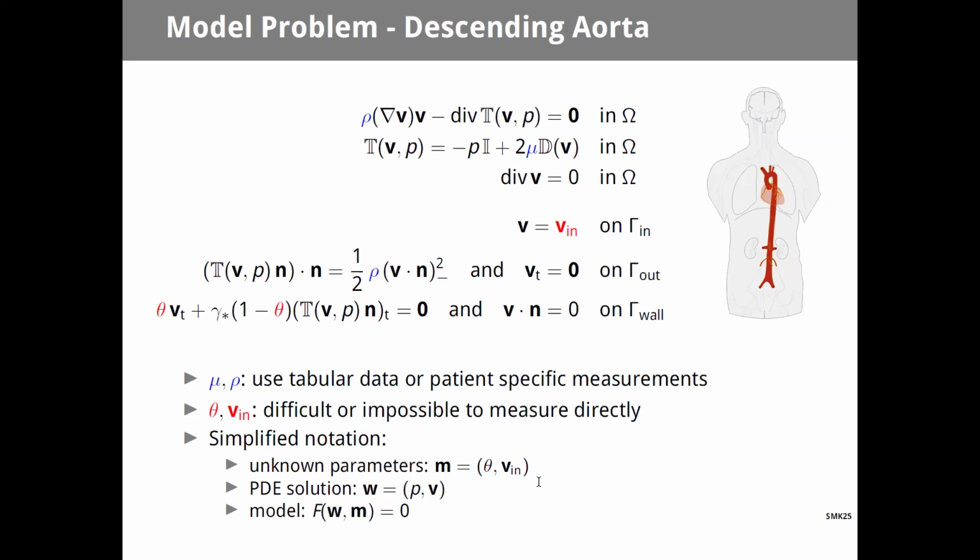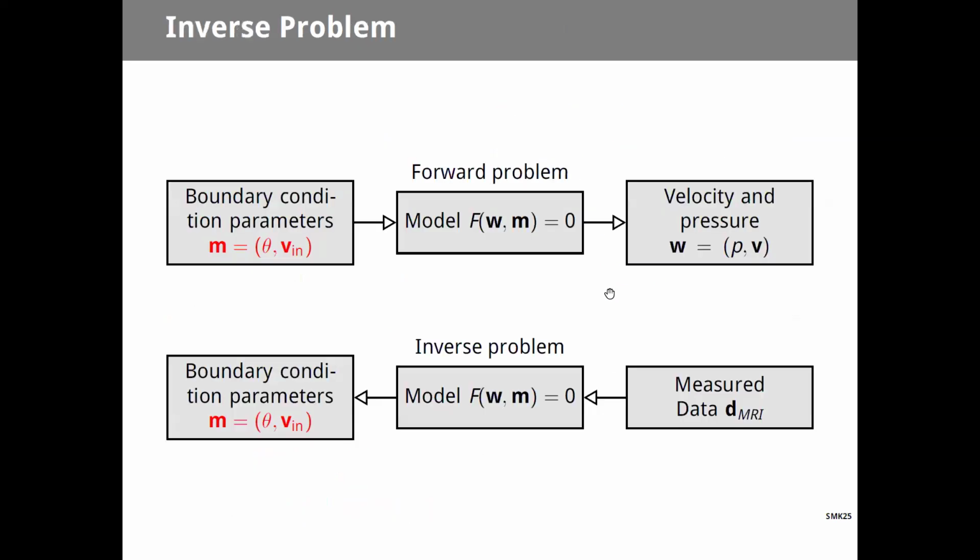So basically, do an optimization problem with PDE as a constraint, with Navier-Stokes as a constraint. You have some control variables, you have some state variables, which are the velocity and pressure, and you have some model, which is the full Navier-Stokes equations.